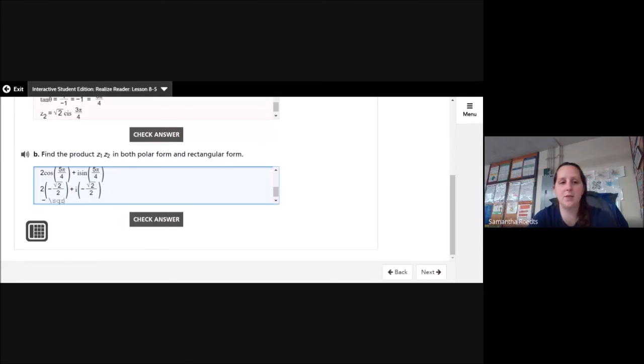So that gives me negative 2 square root of 2 over 2 plus negative 2I square root of 2 over 2. Okay, so this will simplify. So I have negative square root of 2 minus I square root of 2. This is going to give me my final answer.